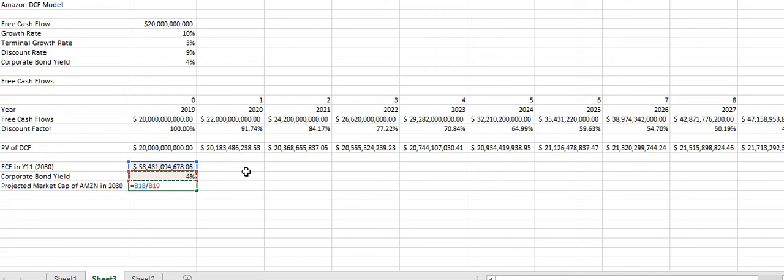That's the earnings yield that you could generate off the future free cash flows.